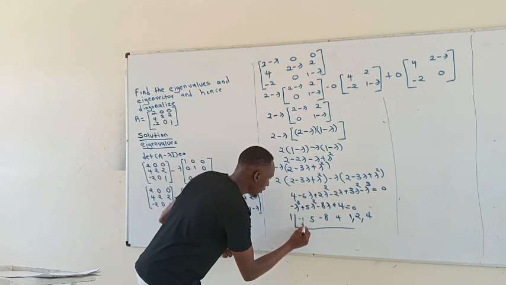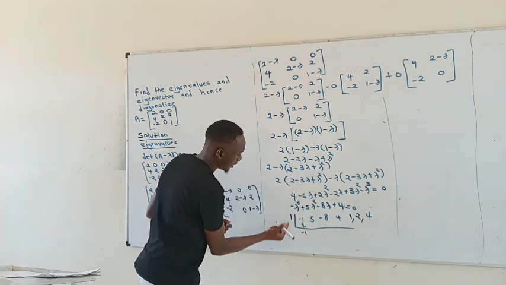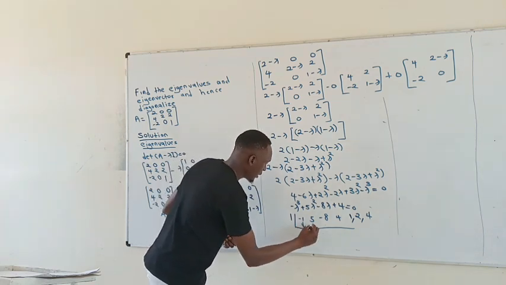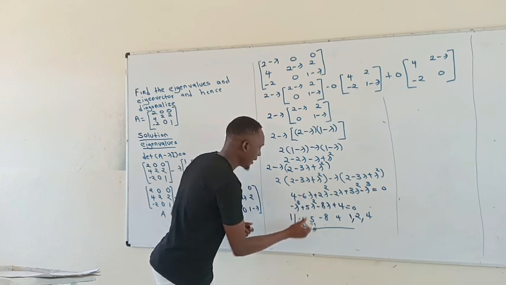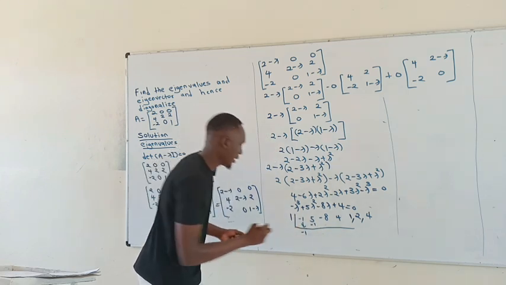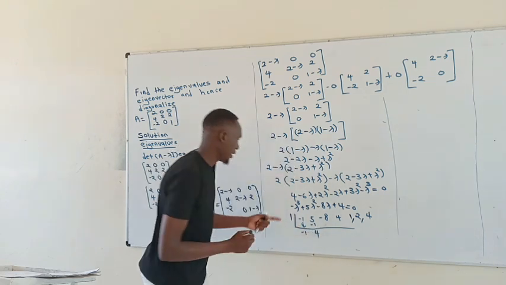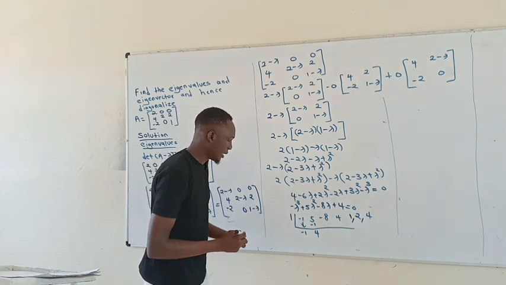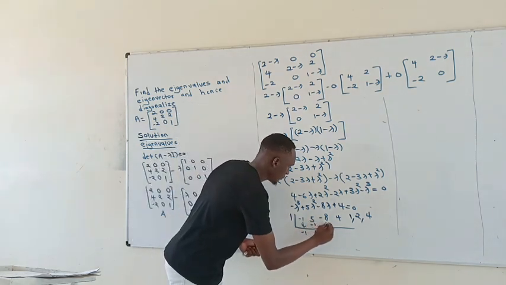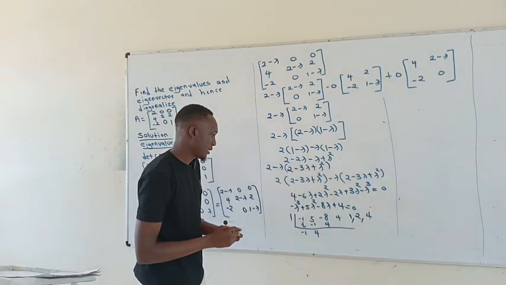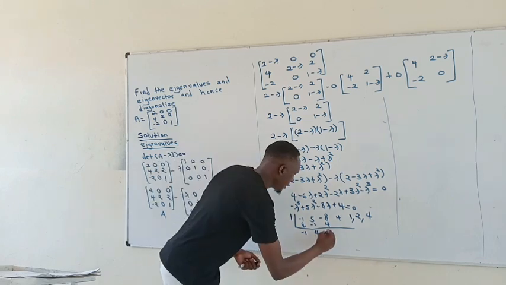Now we drop negative 1 down. 1 times negative 1 is negative 1. 5 minus 1 is 4. Then we have 1 times 4 is 4. Minus 8 plus 4 is minus 4.